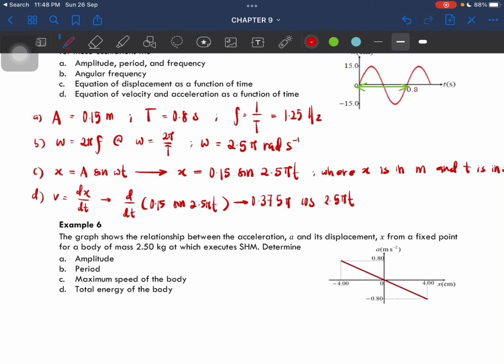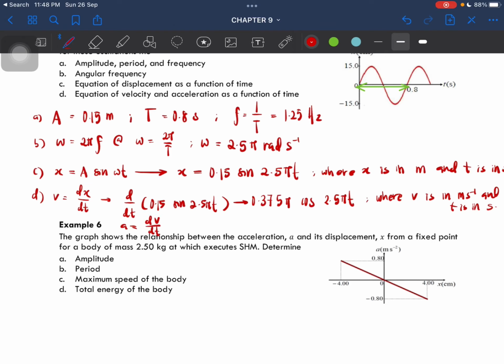Okay, so if you have problem with differentiation, just let me know, or just try to refresh it by reading your maths notes. So where v will be in meter per second, and t again is in seconds.